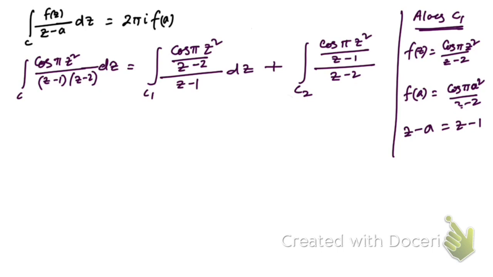Here this should actually be a minus 2, because instead of z we are putting a.